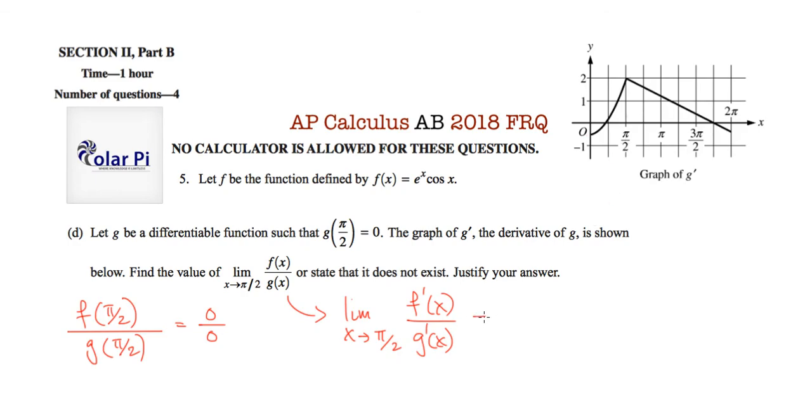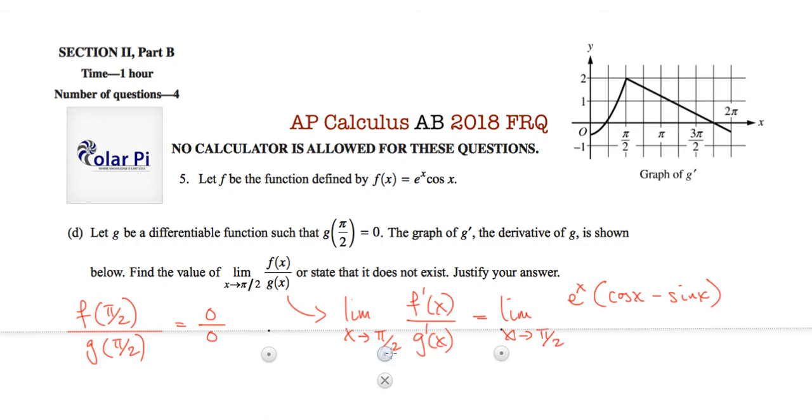Now, by our earlier calculation, f prime was equal to e to the x, in factored version, times cosine of x minus sine of x, right? And then we have this divided by the denominator, which is g prime of x, and we have the graph for that.